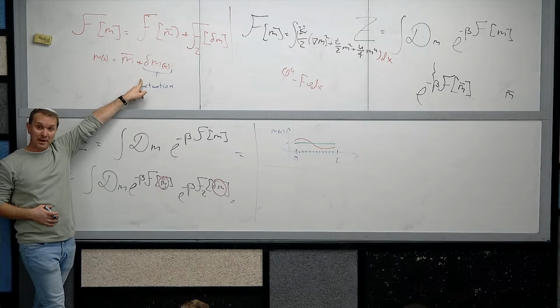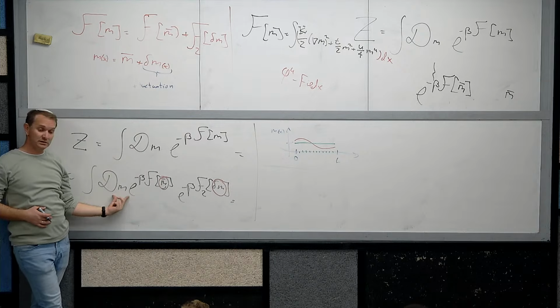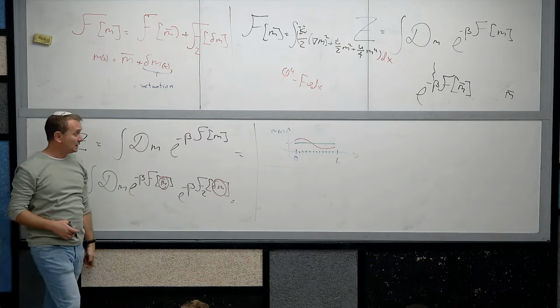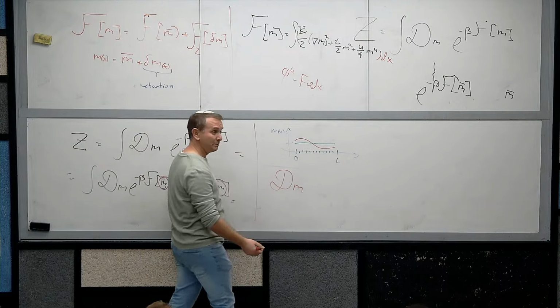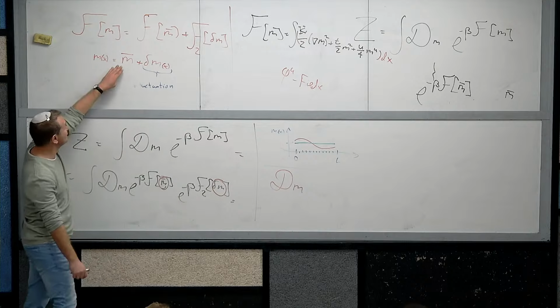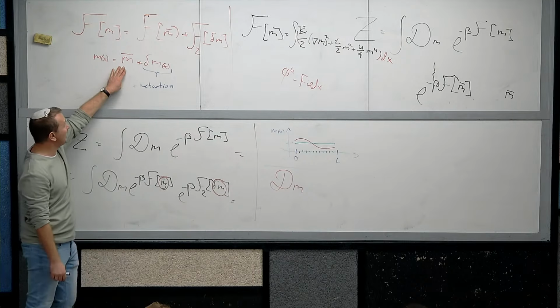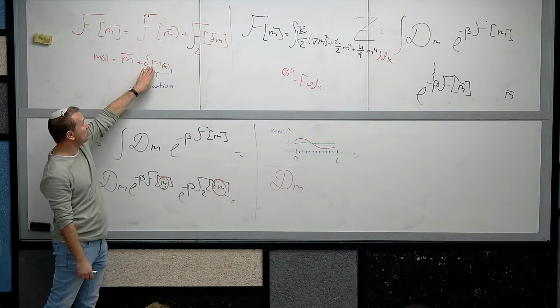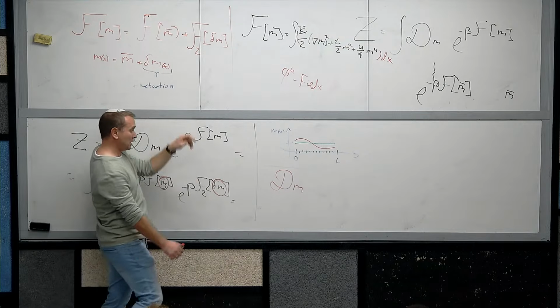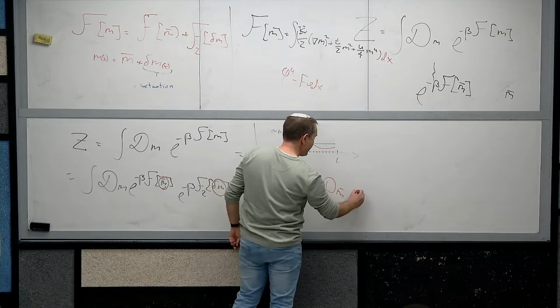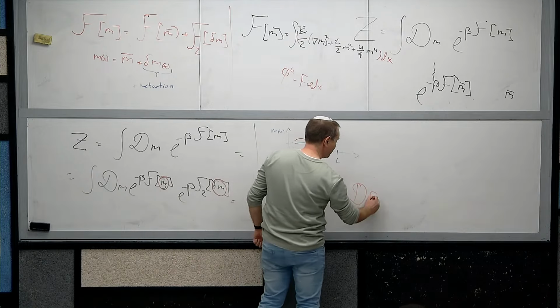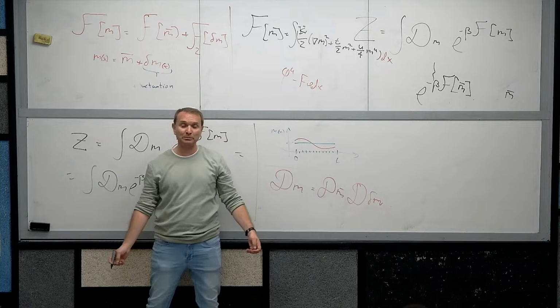And if they are independent of each other, I can factorize this integral. If they're independent, I integrate over possible values of m hat, and I integrate over all the possible values of delta m. So I write it down as d of m hat and d of delta m, because they are completely independent.